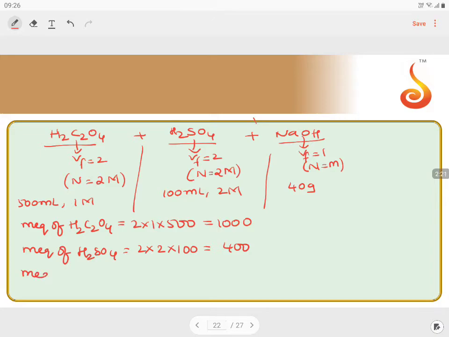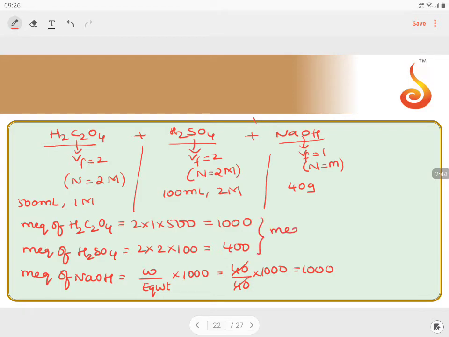Now milli equivalents of NaOH is equal to weight by equivalent weight into 1000, which is 40 by 40 into 1000, which is equal to 1000.